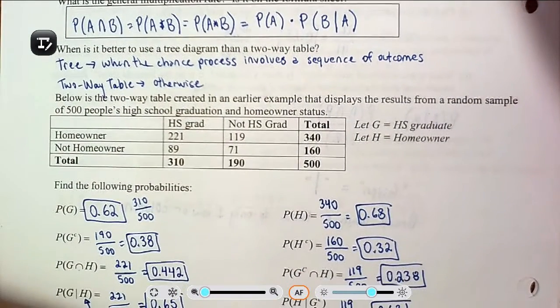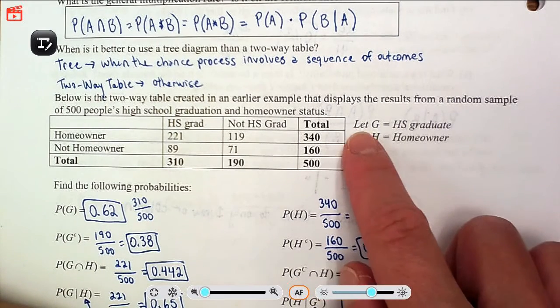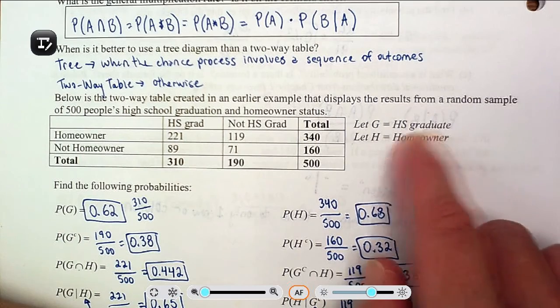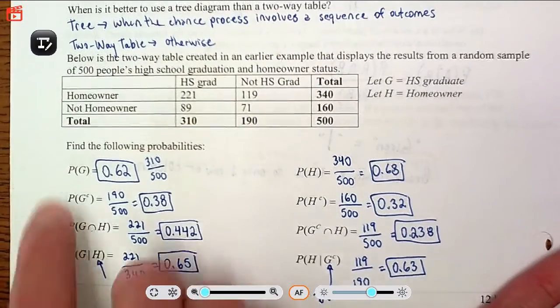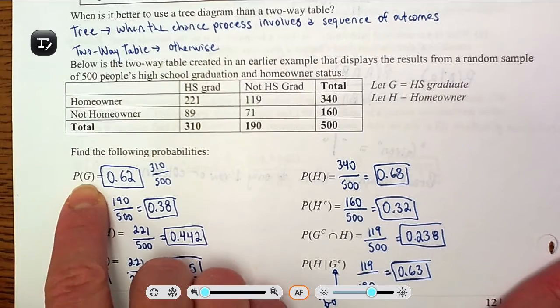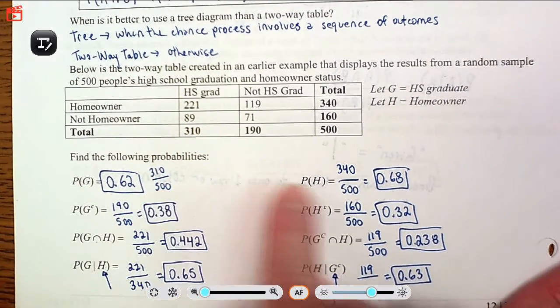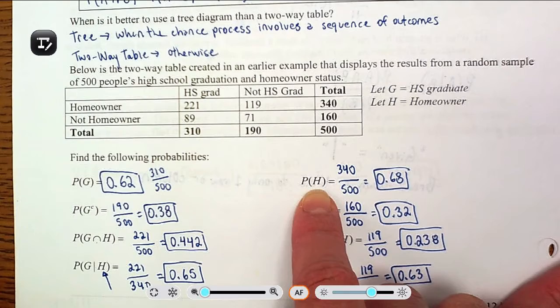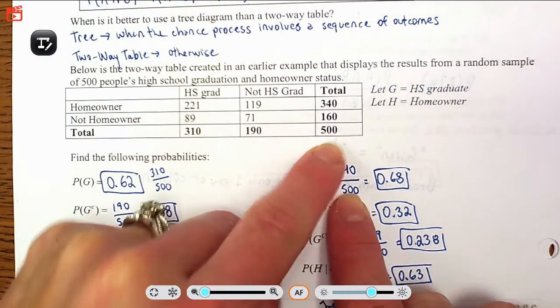Below is a two-way table created in an earlier example that displays the results from a random sample of 500 people's high school graduation and home ownership status. So let G be high school graduate and let H be homeowner. Find the following probabilities. The probability of being a grad is 310 out of 500. The probability of being a homeowner is over here, 340 out of 500.